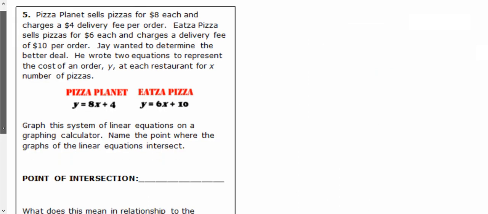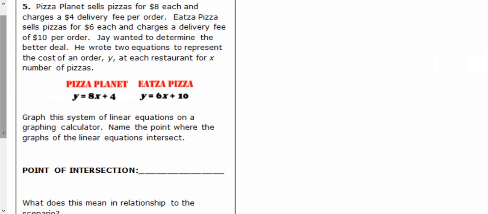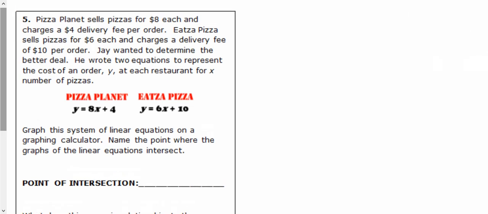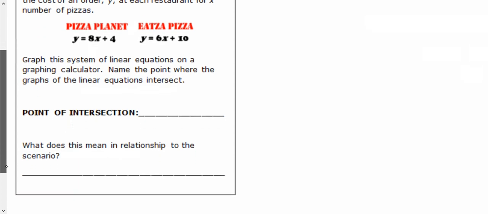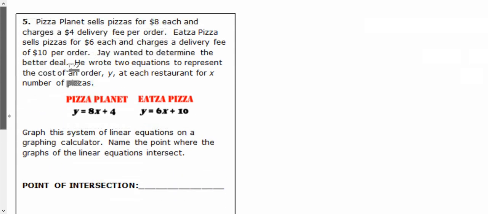Okay, I want you to go through the same process with number 5. You should pause your video. You should try to enter these into your calculator yourself, and try to find your point of intersection yourself before you check. Actually, we are not going to check this one on the video.